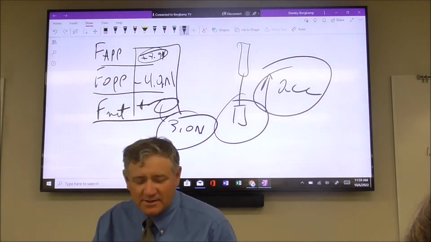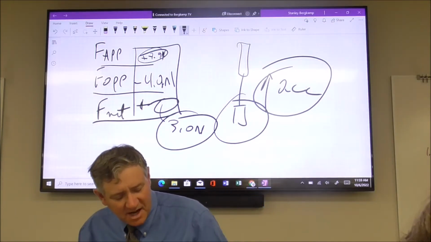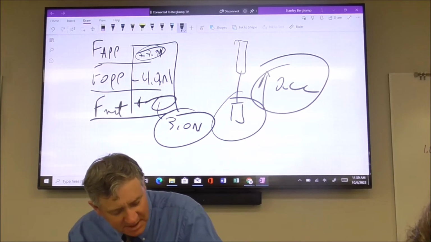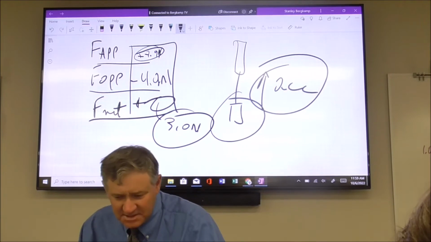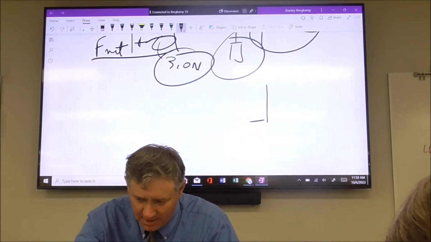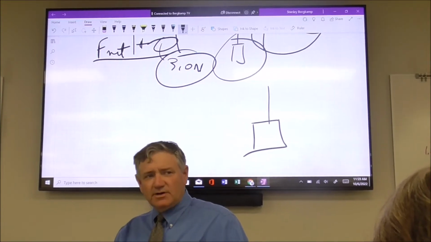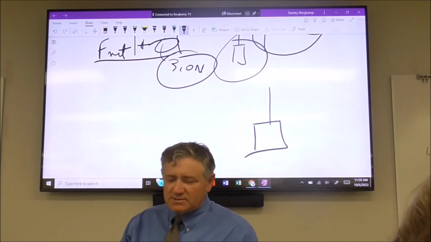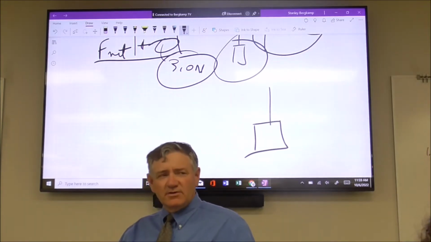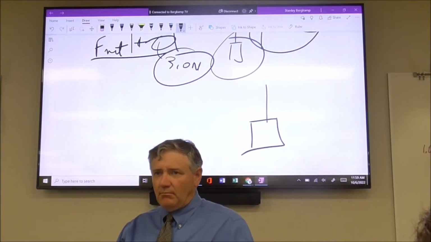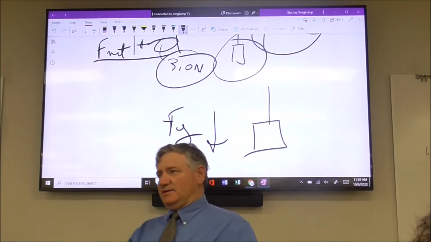That's legit. Okay. Now, let's talk about the difference between question 10 and question 11. On question 10, here's this elevator. If you're not sure what's going on, draw a picture. This elevator is moving upwards. Is there going to be gravity involved? Yes, so you're going to have some gravitational force acting down.